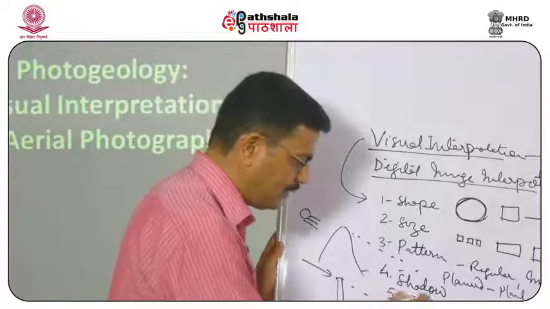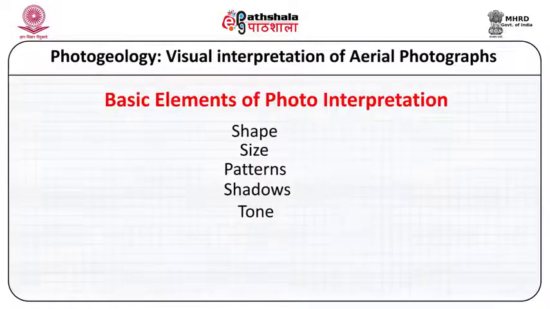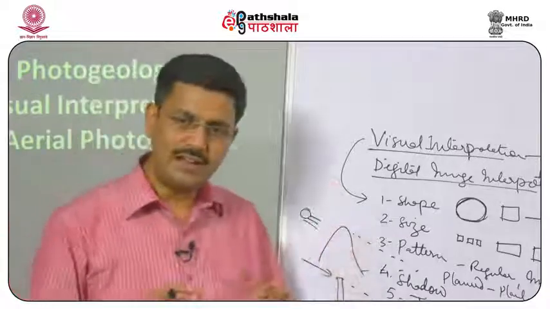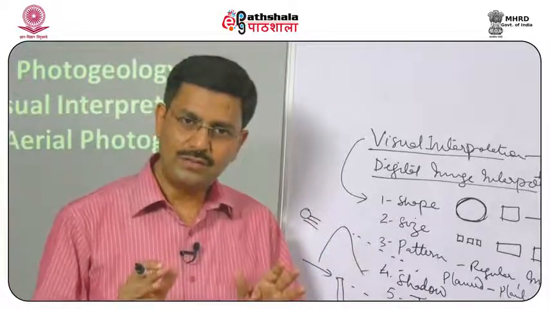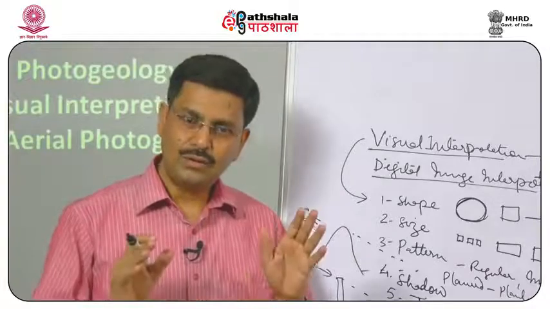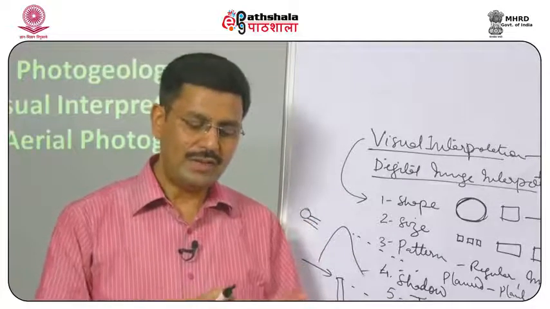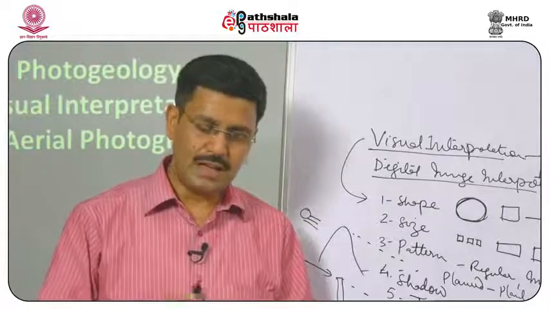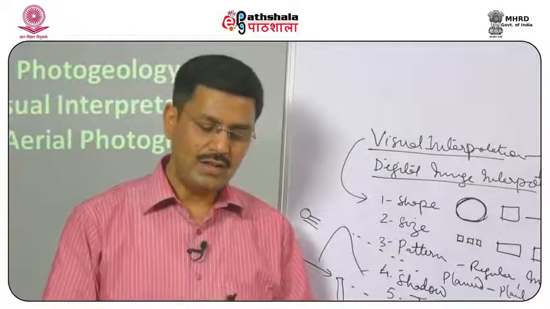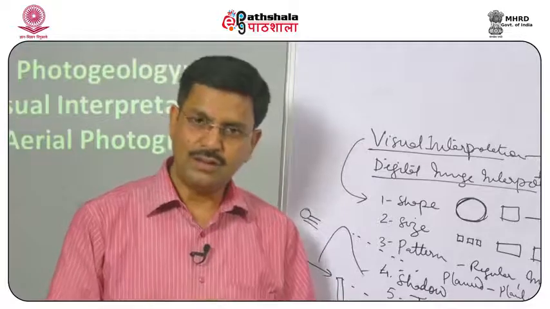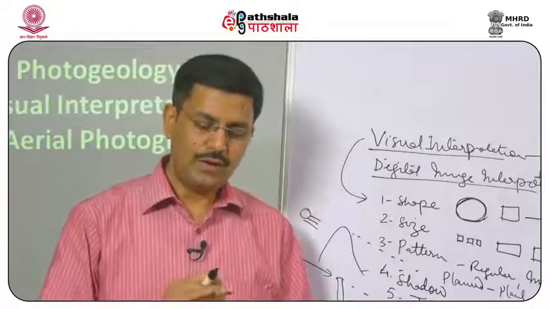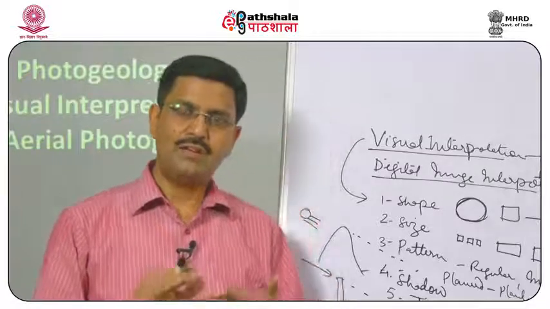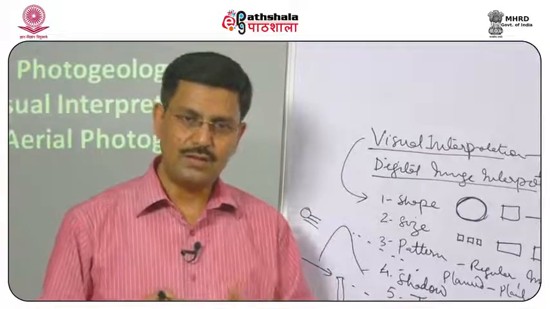Then the next is the tone. The moment I say tone, if you use a black and white aerial photograph, the tone is light or dark, and based on that, for example, granite will have a different tone. If you have mica, it will have a different tone. If you have sandstone, it will have a different tone. Okay. So, from light to very dark, it will have different tones. Similarly, water bodies will have a dark tone, right.